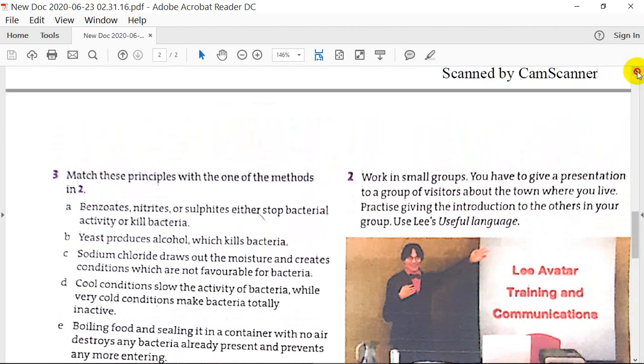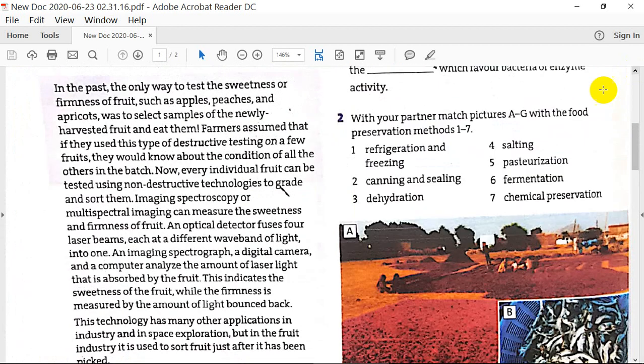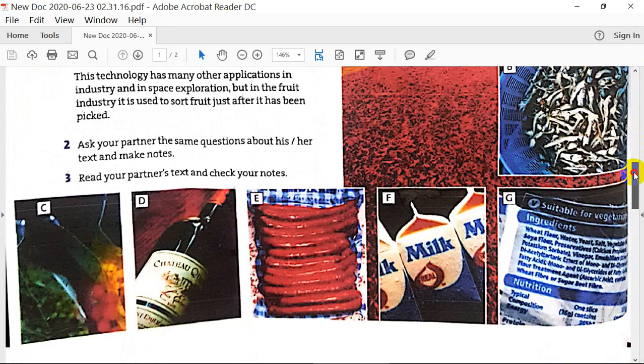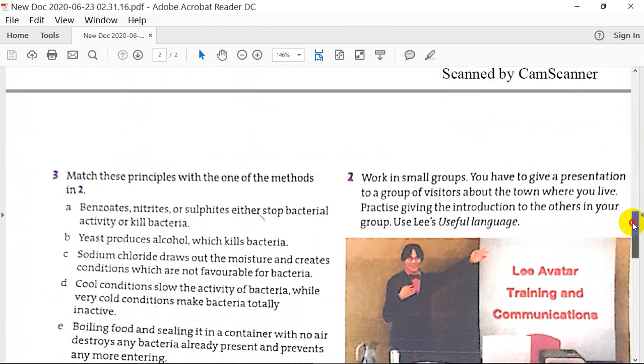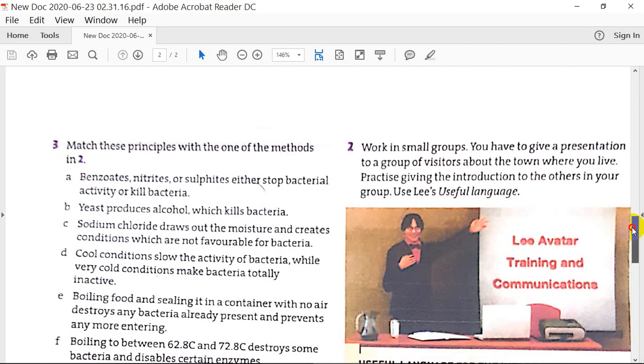I can help you to just put the mouse on this word. Number 3, B or C, you can say what? Sodium chloride draws out the moisture and creates conditions which are not favorable for bacteria.